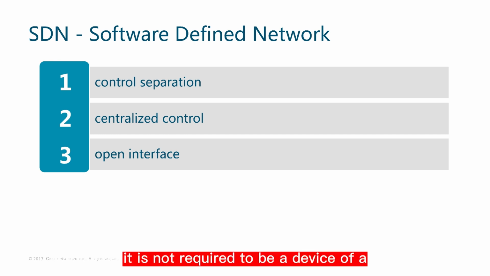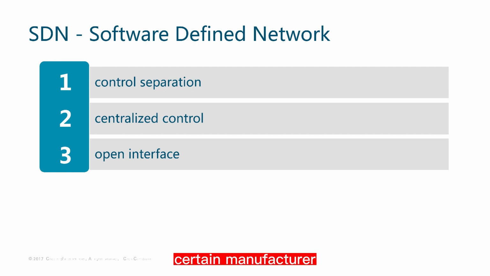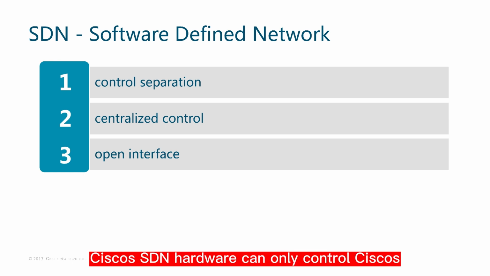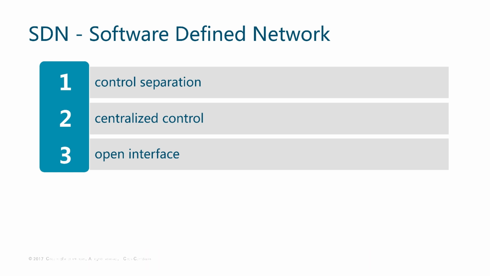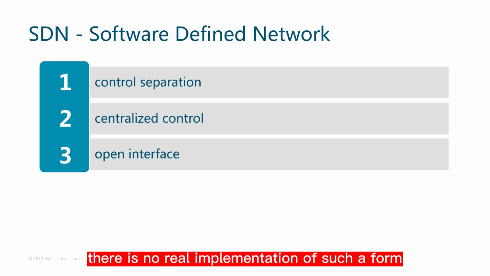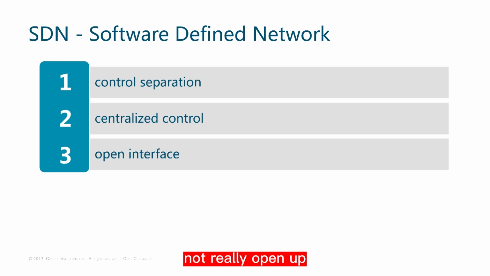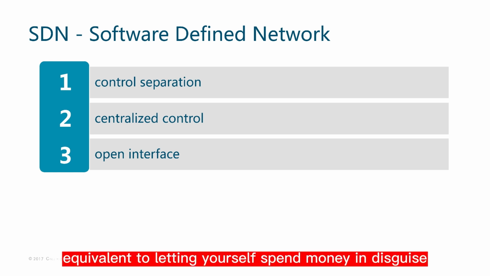It is not required to be a device of a certain manufacturer. But not yet. For now, Cisco's SDN hardware can only control Cisco's. So there is no real implementation of such a form. It is not really open. Some people may think, isn't this equivalent to making you spend money in disguise?